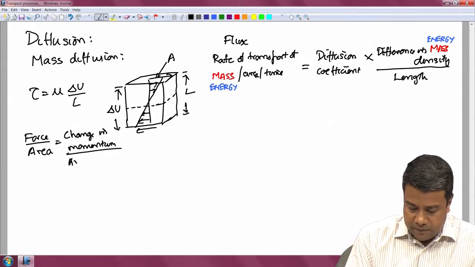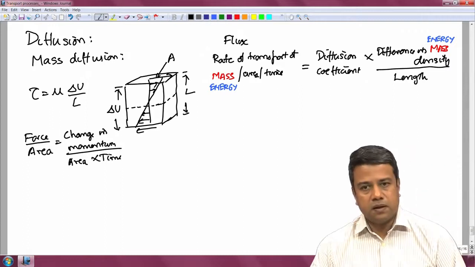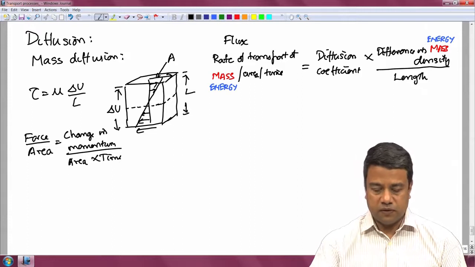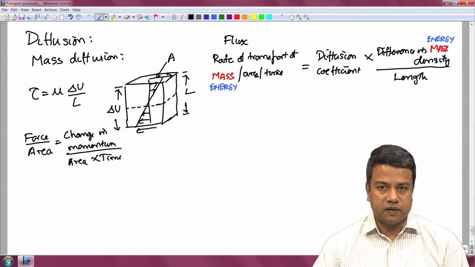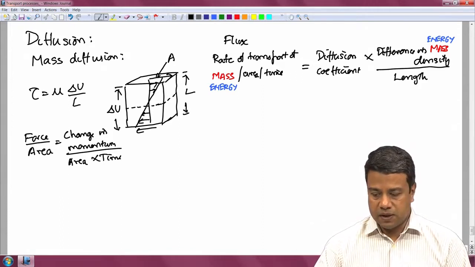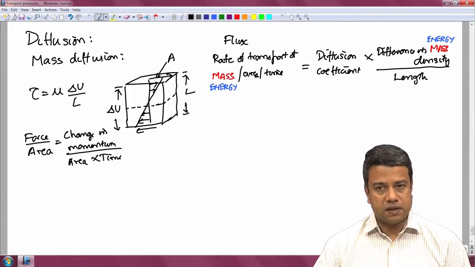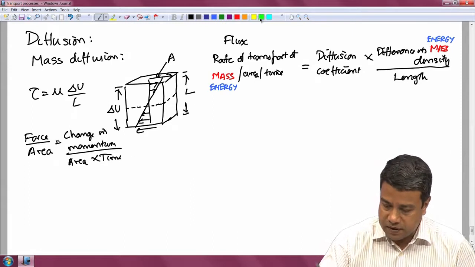So, this is effectively a flux of momentum. The change in momentum of the volume below is because that momentum has been transferred to the volume above, this surface. And that change in momentum per unit area per unit time is a momentum flux.